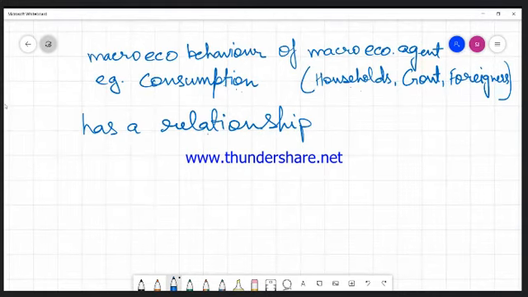So that is relationship. How this consumption of households or of government takes place, or what are the factors which will affect the consumption. So there is a relationship. And this relationship is explained through modeling.